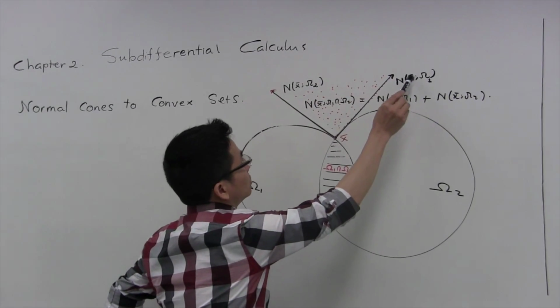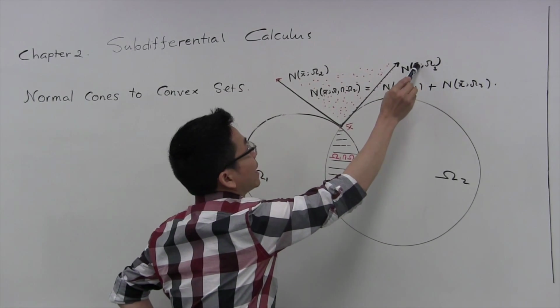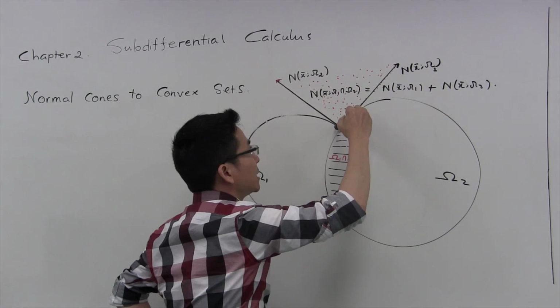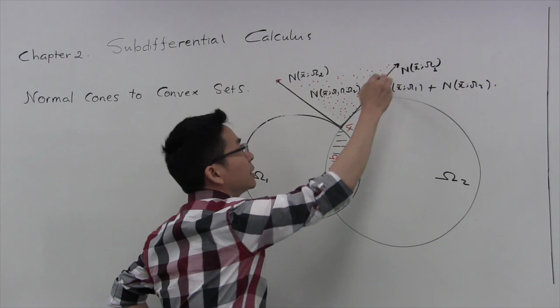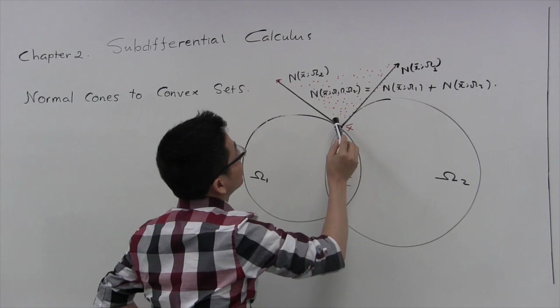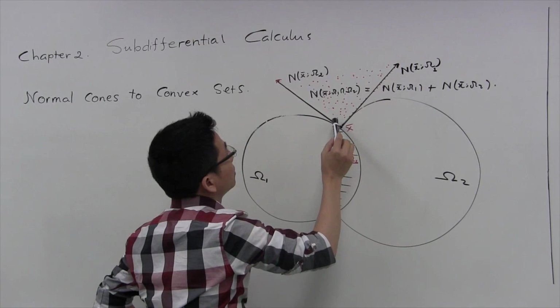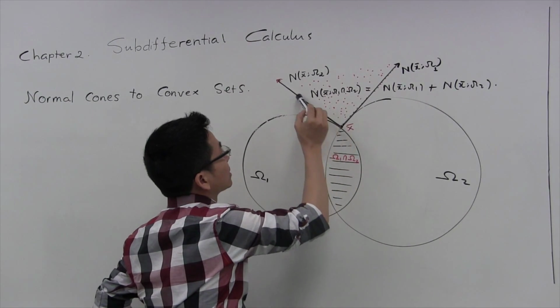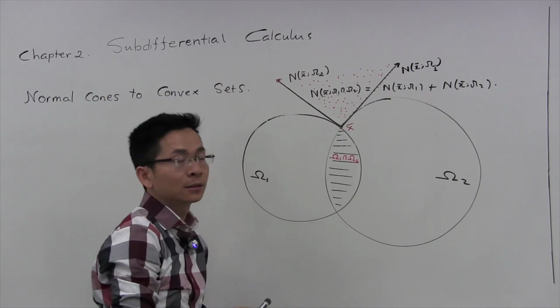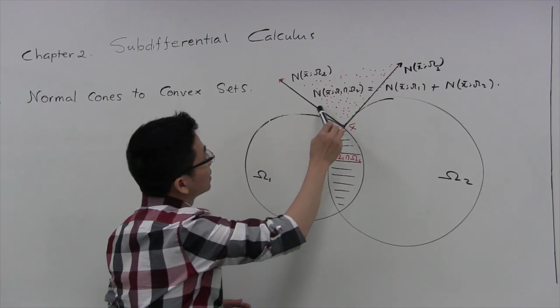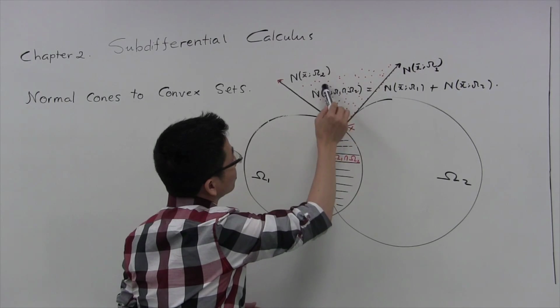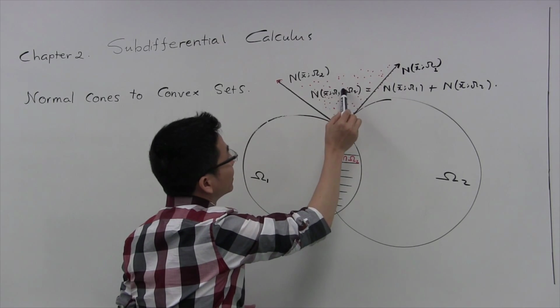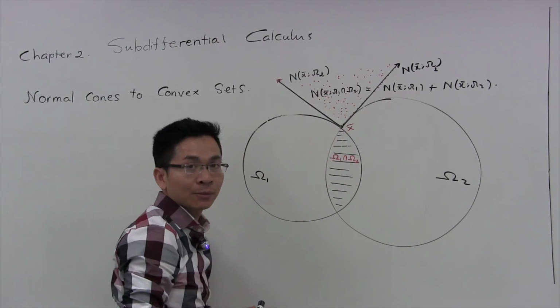So here in this figure, the normal cone to omega 1 at x bar contains all vectors in this direction. And then the normal cone to the set omega 2 at x bar contains all vectors in this direction. Now, here is the normal cone to the intersection of omega 1 and omega 2 at x bar.